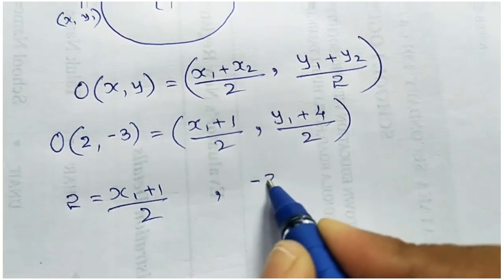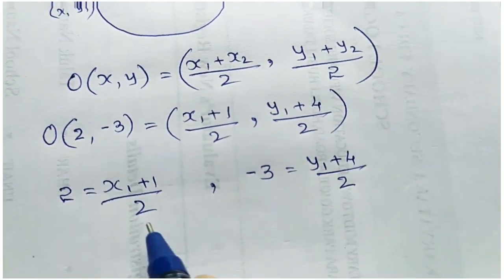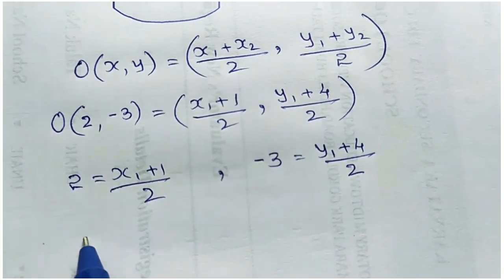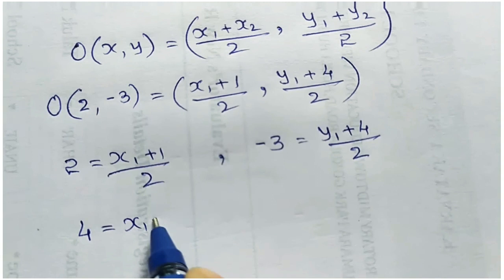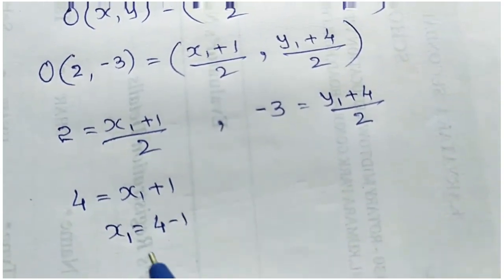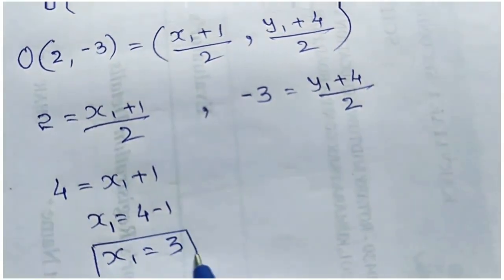Similarly, minus 3 is equal to y1 plus 4 by 2. Taking this 2 to the left side, it becomes 2 times 2 equal to x1 plus 1, which is 4. So x1 equals 4 minus 1, so we get x1 equal to 3.